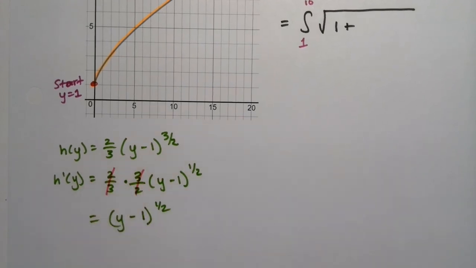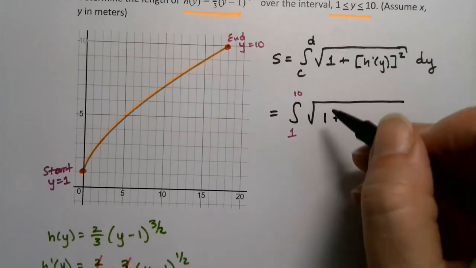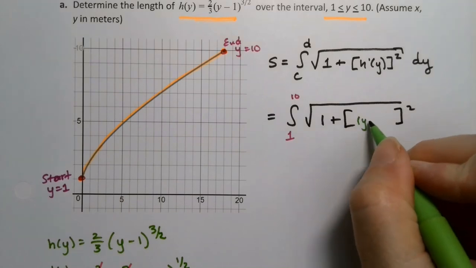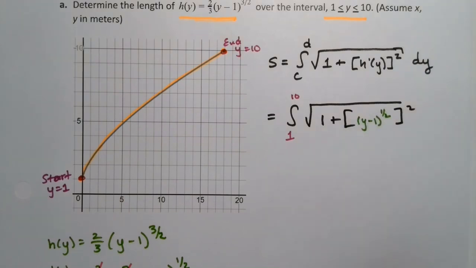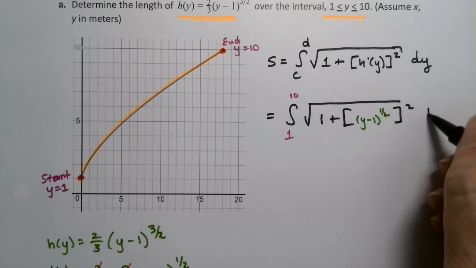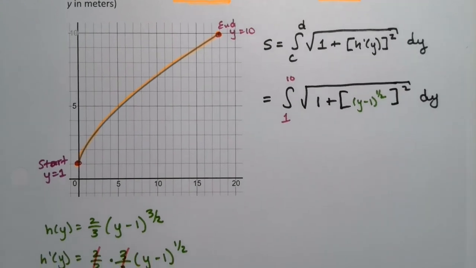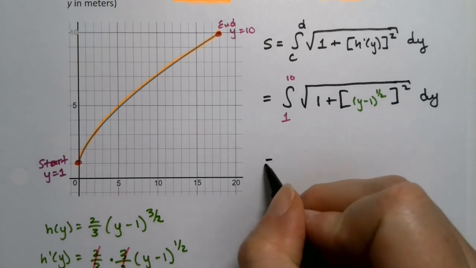Okay, so then I will go put that into my formula. I'm going to take (y minus 1) to the 1/2 and I'm going to square it. Well, that's convenient for me because when you square something to the 1/2 power, it makes the power disappear, which is very nice.